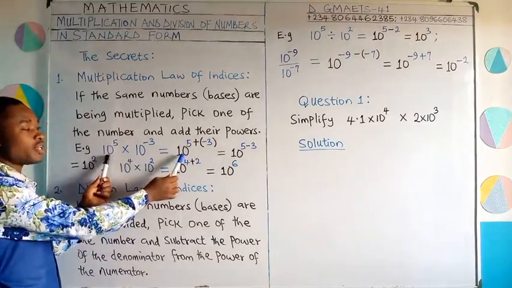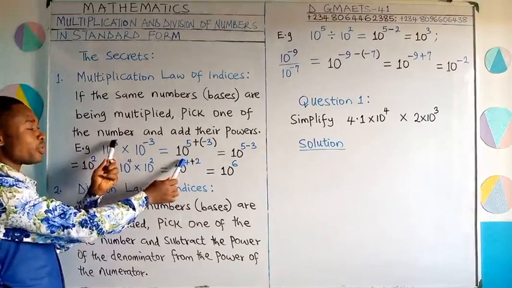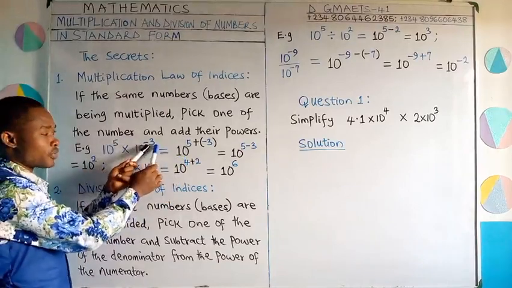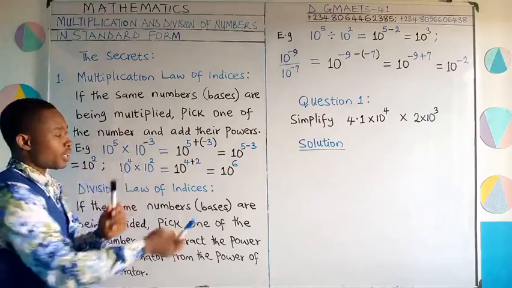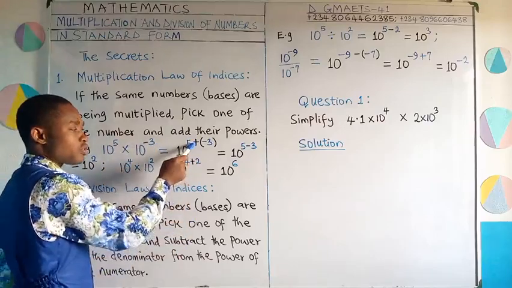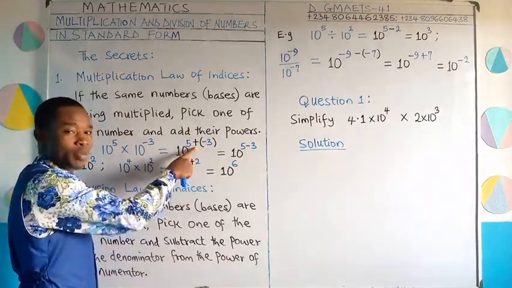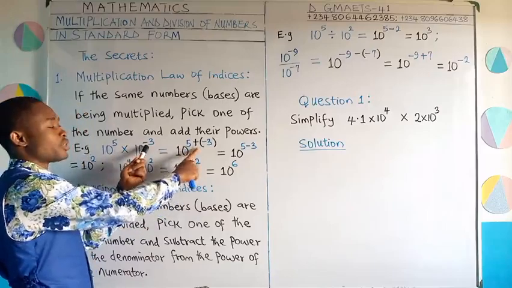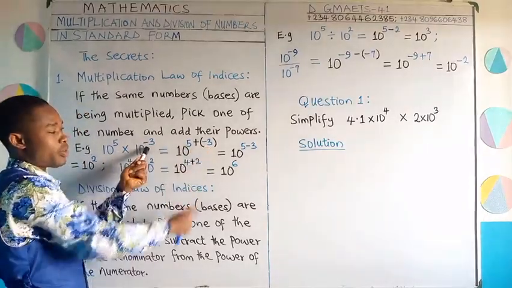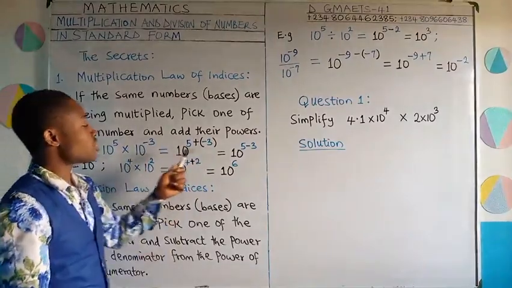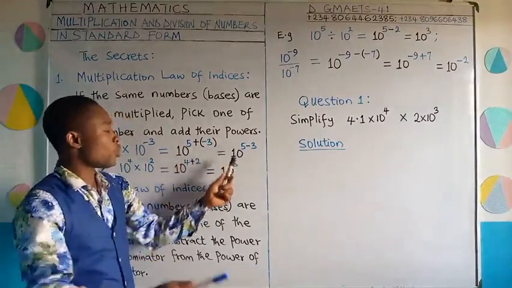So pick one of the 10s and then add their powers. So this 5 and minus 3, I'm going to add both of them together. The law said you should add powers, so 5 plus, then you are adding minus 3 to it. You can see the minus 3 in brackets. So this is going to give us 10 raised to the power 5. Now watch.